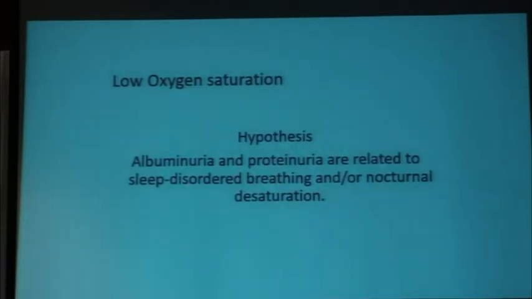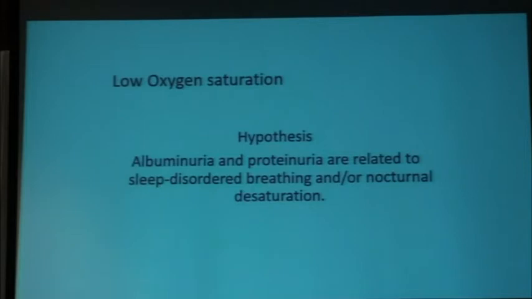And the other thing that we tried to find out, in terms of the relationship with kidney impairment, is the level of oxygen. Because we showed in London that low oxygenation is associated with stroke. But we wanted to find out is low oxygenation associated with albuminuria, and is it associated with the risk of renal impairment.